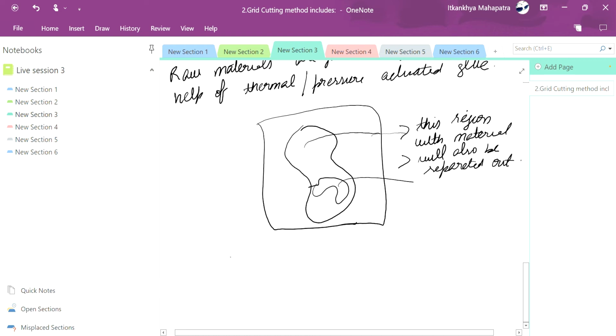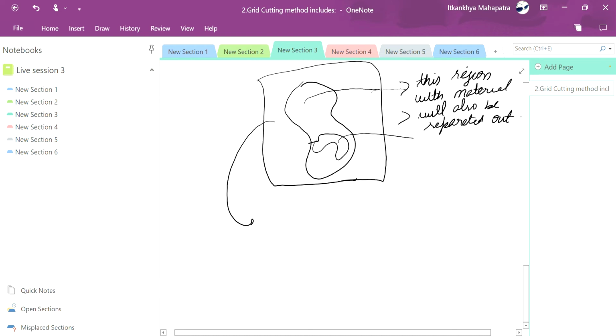So how do we remove the unwanted portion after completion of the part?